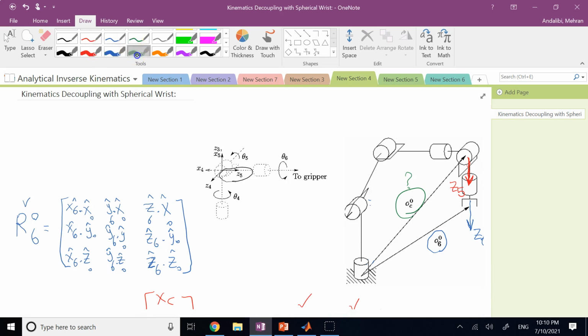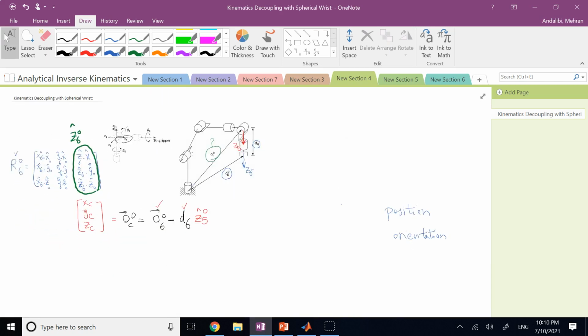Now, what is this last column? If you look at this very last column, isn't that the same as Z6 in frame 0? Of course it is. That's how you describe the vector Z6 in frame 0, so that's all I need.